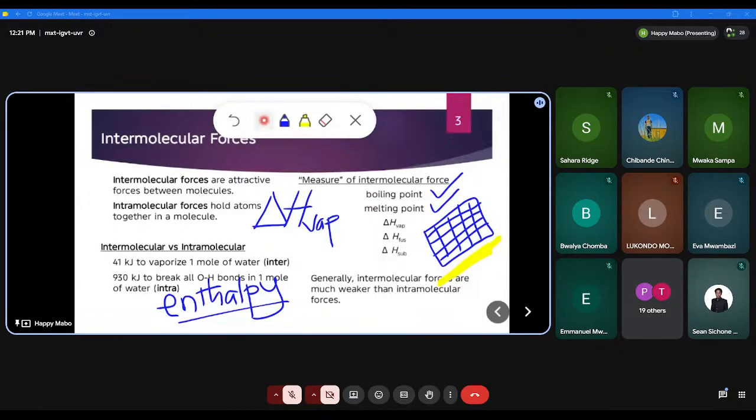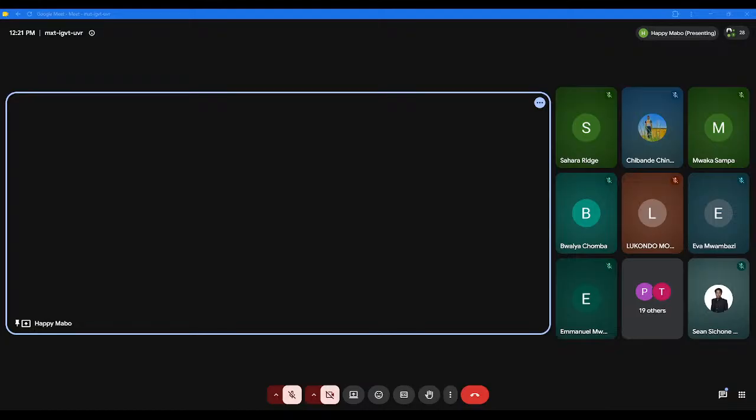The change in enthalpy of vaporization is the amount of energy in kilojoules that is needed to change the state of a substance from a liquid to a gas. You can also use change in enthalpy of fusion.